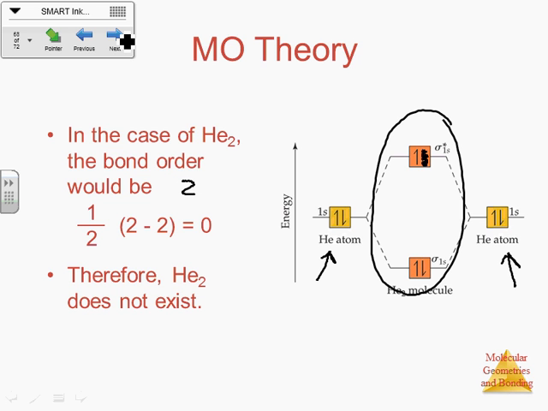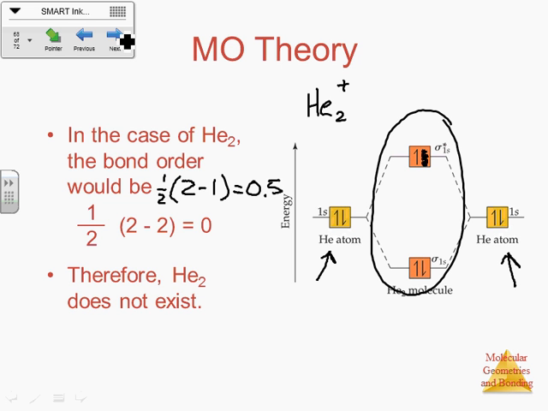Now, the bond order is 1/2 of 2 minus 1. The bond order is 0.5. In theory, could He2 plus form? When I say He2 plus, I mean this. In theory, yes.